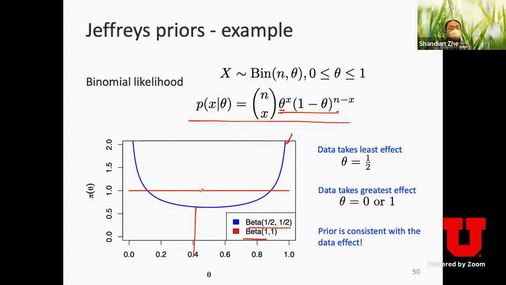If you use the uniform distribution, you see that the likelihood has the largest effect here, and the least effect here. But the uniform distribution has the same effect everywhere. So they're kind of contradictory when integrating them together to calculate the posterior. So that means the Jeffreys prior is more favorable in this case.